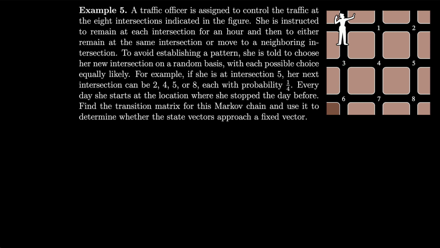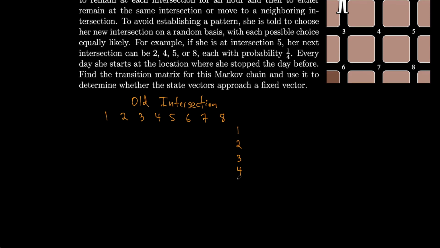So how about we build our transition matrix? On the top, we'll have the intersection that she's starting out at, so that'll be our old intersection. And then on the other side, we'll have the new intersections. So first, the old intersections are 1 through 8. So let's number those: 1, 2, 3, 4, 5, 6, 7, 8. And then she could end up at 1, 2, 3, 4, 5, 6, 7, or 8.